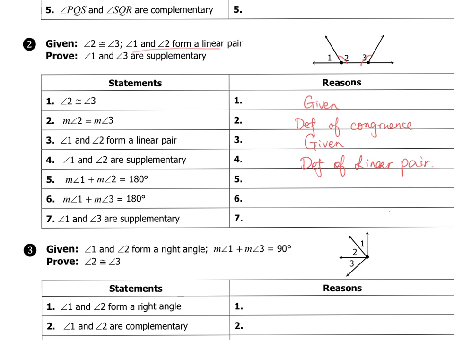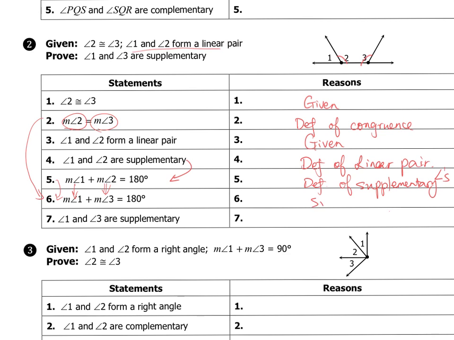So that's number 4. Now from 4 to 5, that's definition of supplementary angles, because from supplementary, I can draw that conclusion. And now if you go back and borrow step 2, angle 2 and angle 3 are of the same measure. So from 5 to 6, I keep angle 1, but angle 2, I replace with angle 3.